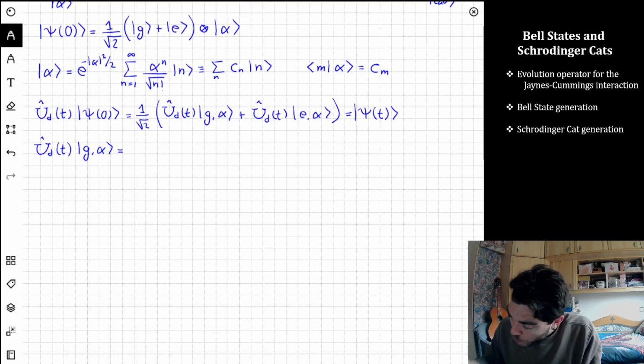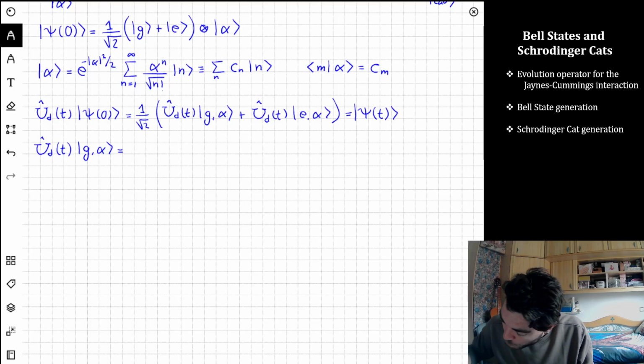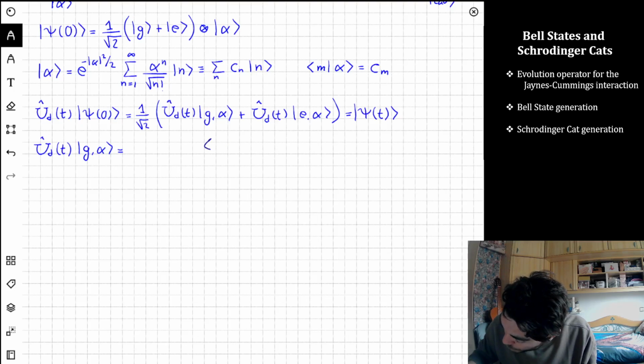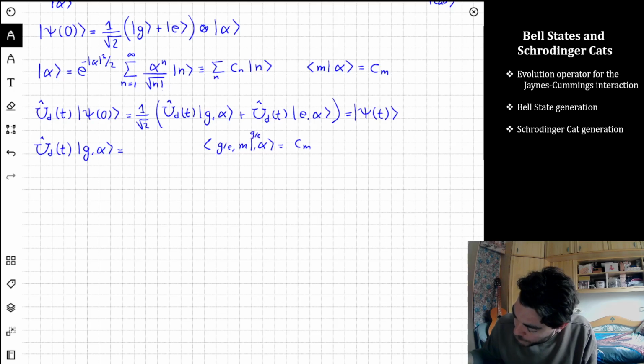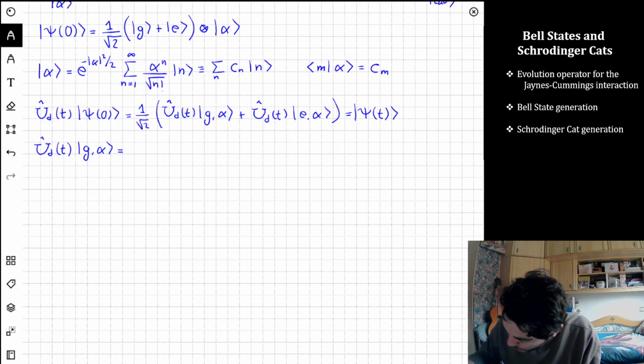So when we apply, for example, some state of the atom, G or excited state, and then m, to this state alpha, we are going to get exactly C_m, the coefficient associated with this Fock state.